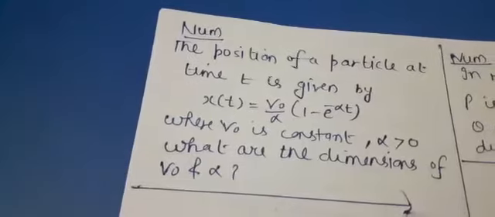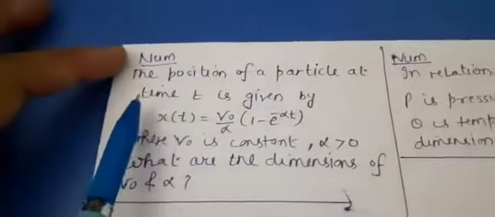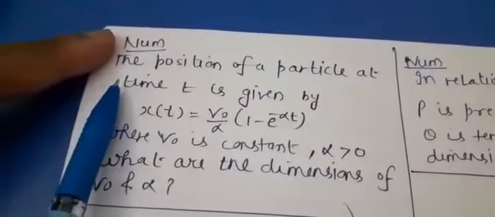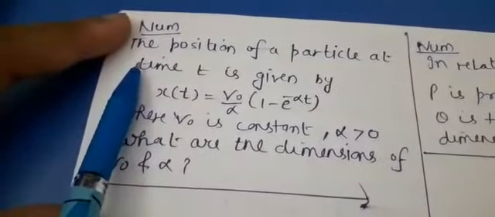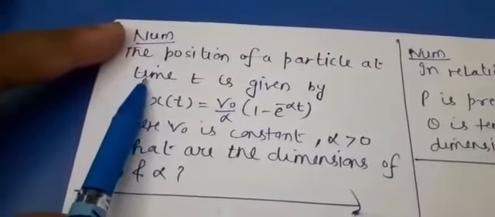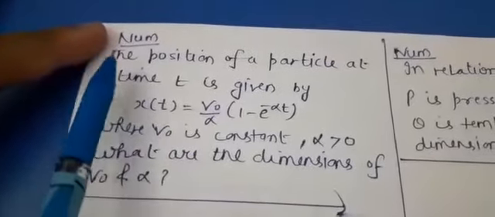Coming to the next numerical. Here you have to understand the statement very carefully. In this statement one new concept of maths will be used, that is the exponential function, which is represented by e. So let's read the statement first.